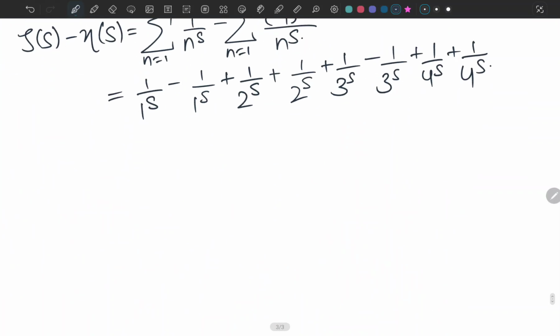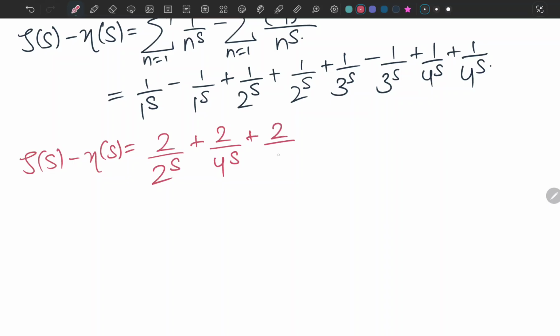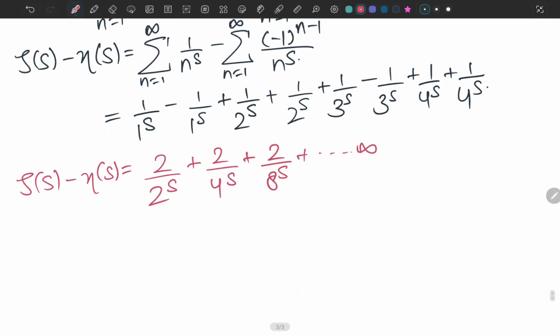So we have Riemann zeta of S minus Dirichlet eta of S comes out to be 2 over 2 to the S plus 2 over 4 to the S plus 2 over 8 to the S plus dot dot dot to infinity.